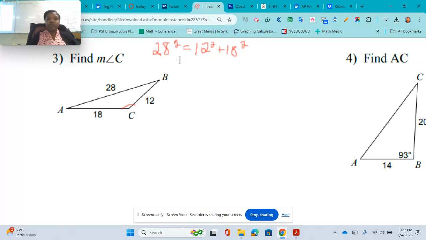All right, and we're going to subtract 2 times the cosine, 2 times the side lengths again, which is 12. That's a parentheses, y'all. So minus 2 times 12 times 28. I'm sorry, times 18.